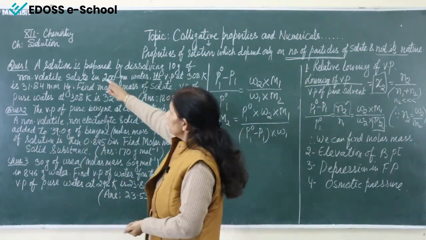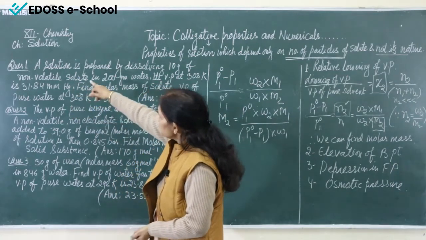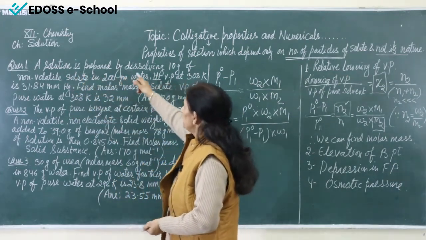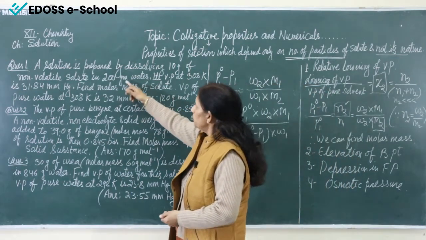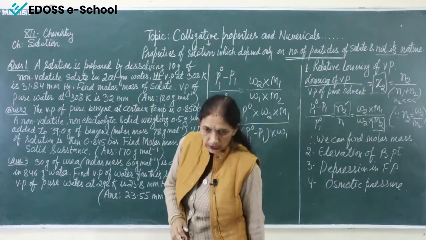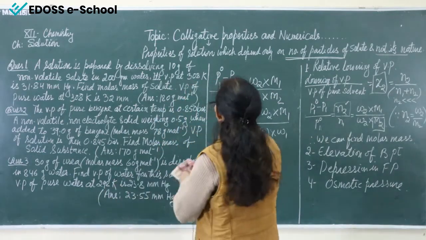Now see here, these are the questions. First question is, a solution is prepared by dissolving 10 gram of non-volatile solute in 200 gram water. I am writing the question here.